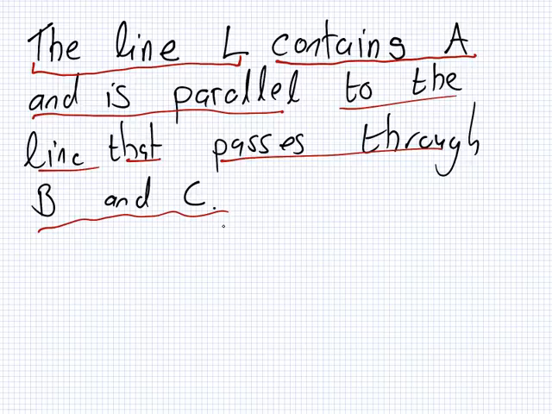Have you done it? Not quite. BC is one line. Good. L. Where's A? A? Yeah. A.